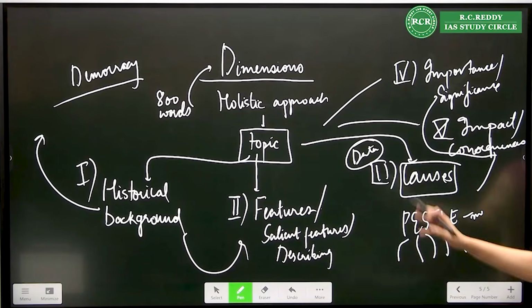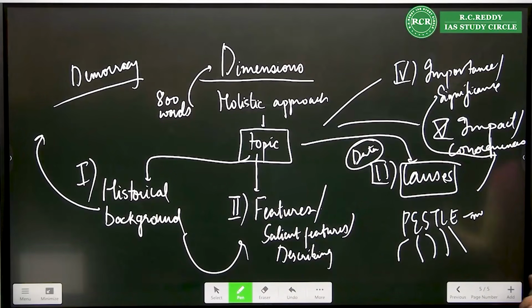Our aim here is to generate points, more and more dimensions, more and more points, more in-and-out discussion about obesity. Because I'm taking the example of obesity, when I ask you about obesity, you should not just stop at telling what is obesity. I want you to know what the causes of obesity are, what the impact of obesity is, right?